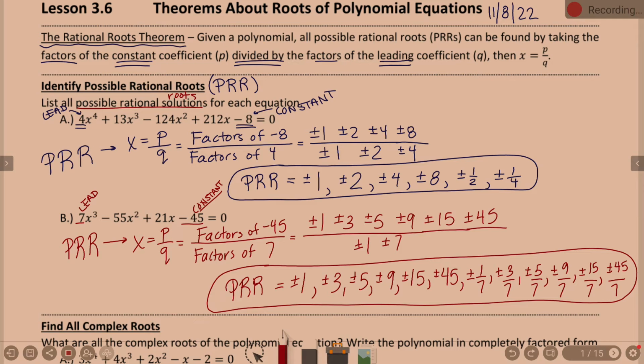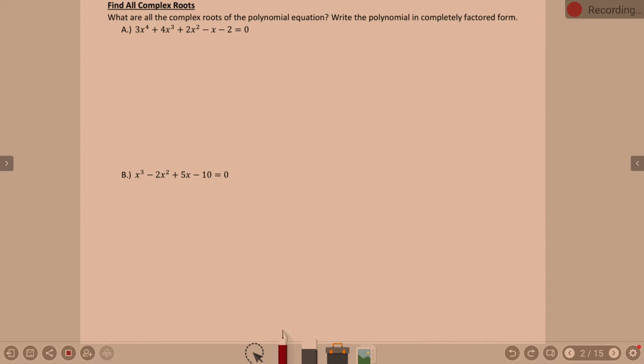When it says all, it wants anything that's rational, anything that's irrational, and when it says complex, that's hinting that there could be some i's, right? There could be some imaginaries. Okay, so what are all of the complex roots? Your starting point is your PRRs.